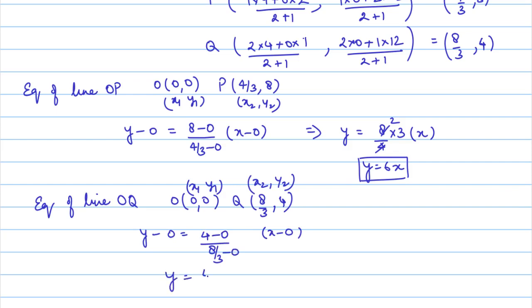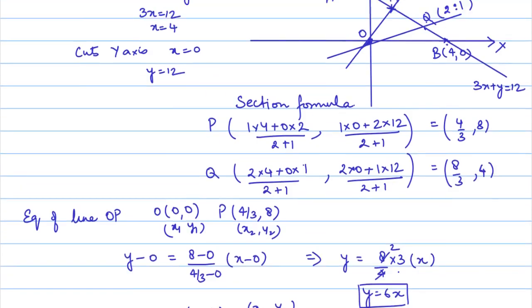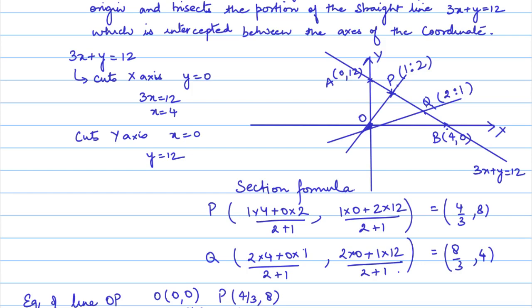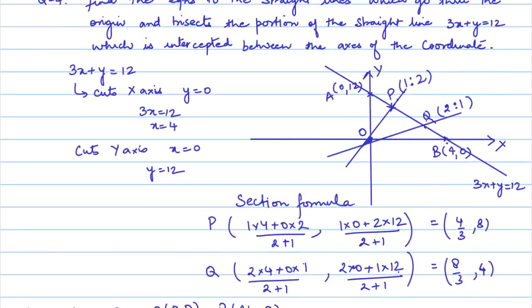We get y is equal to 4 into 3 by 8 x. Cross multiplying, 2y is equal to 3x. This is the other equation of the line which is passing through the origin and trisecting the portion of the line 3x plus y equals 12. I hope you have understood the question.